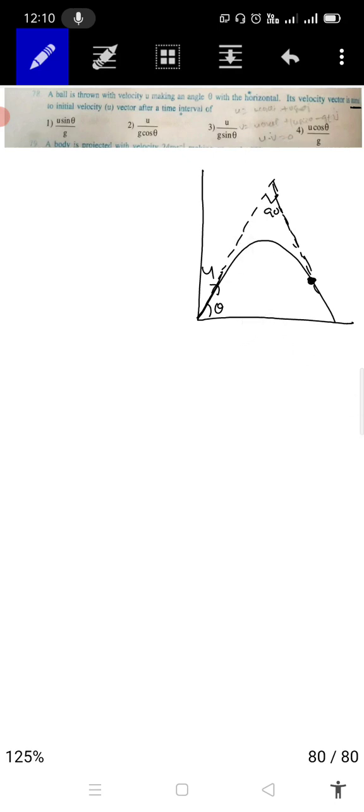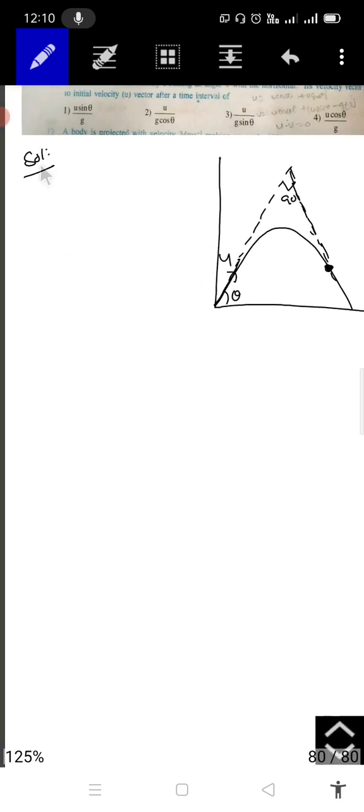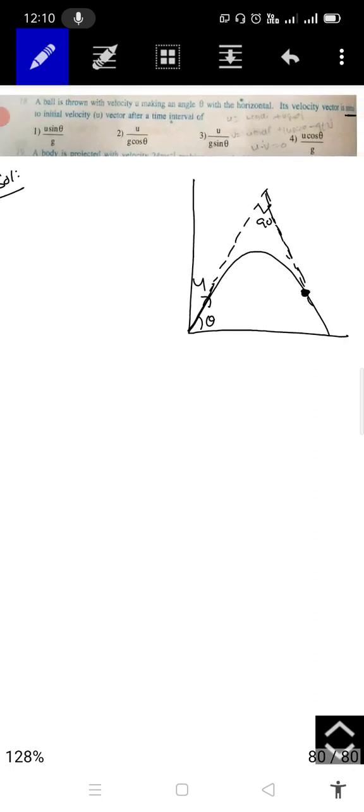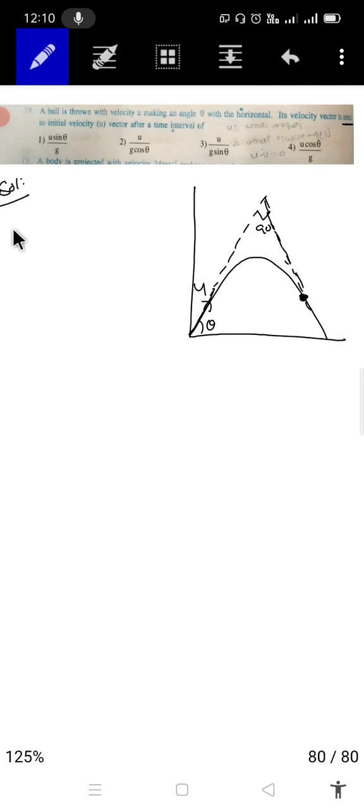According to the problem, we need to find the initial velocity in this condition. So u can be resolved into two components, u cos theta and u sin theta.